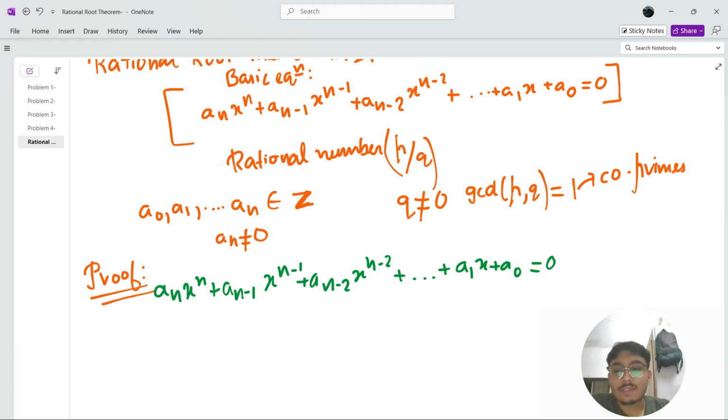Since we have p by q as a root, it means it is that value of x for which the whole equation adds up to 0. So I can put p by q in place of x.